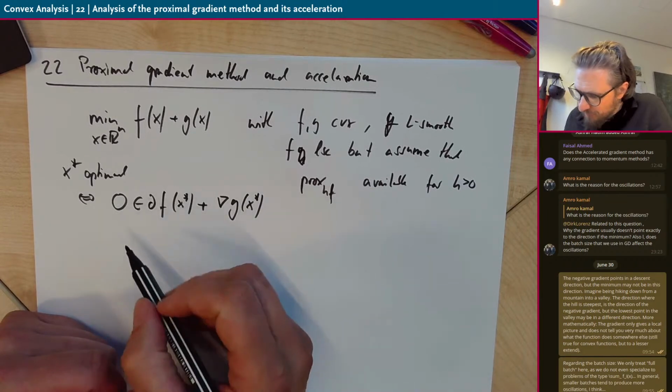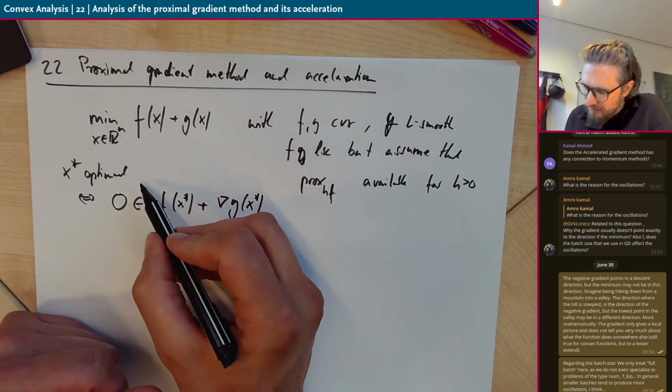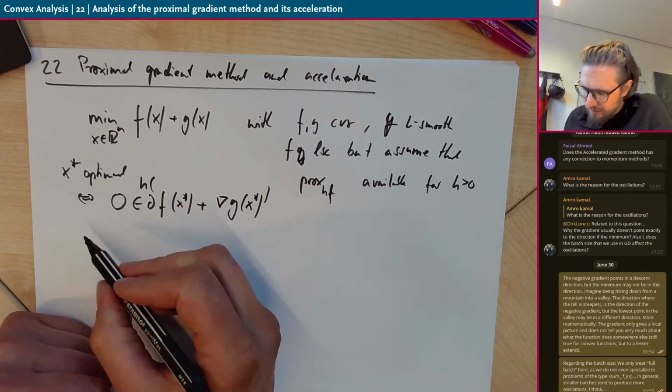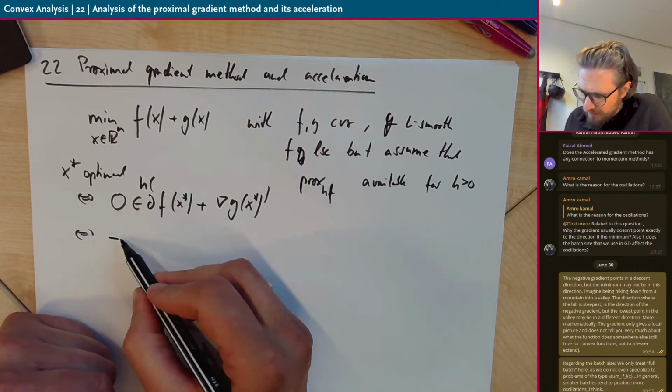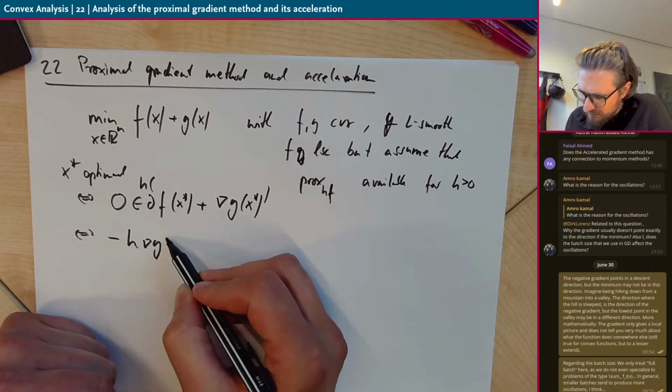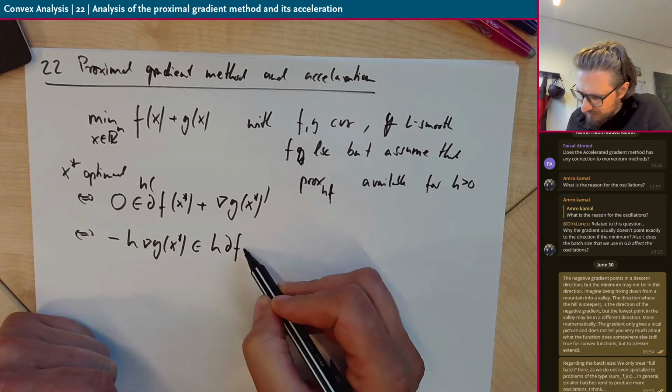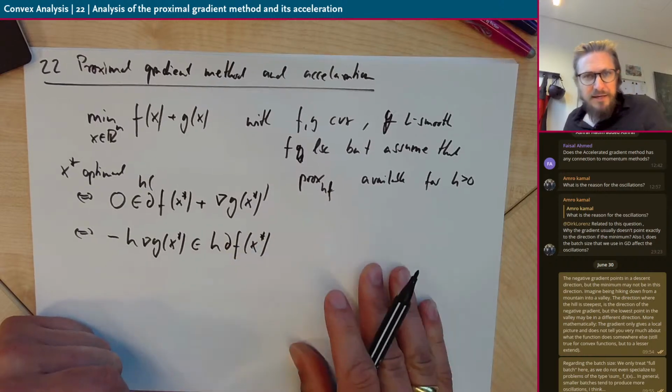Now we can multiply this inclusion by some positive h and rearrange to minus h times gradient g of x star is an element of h times the subgradient of f at x star.